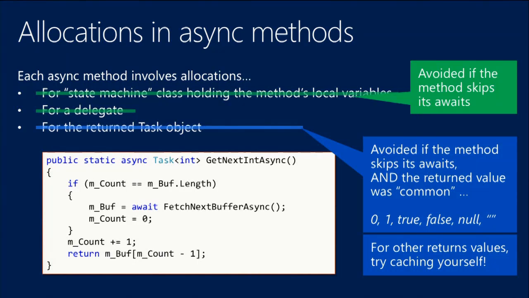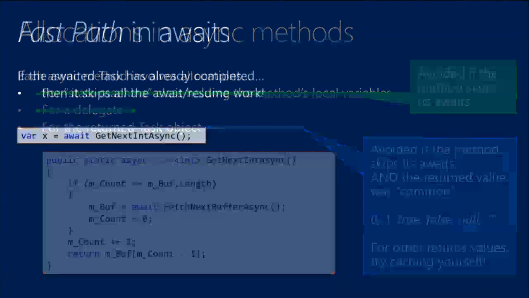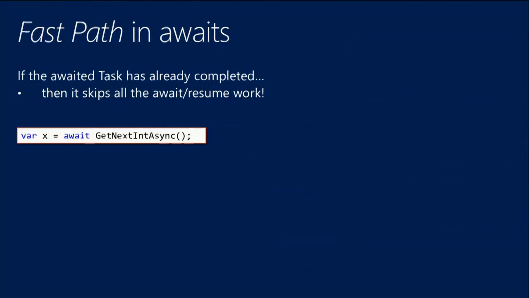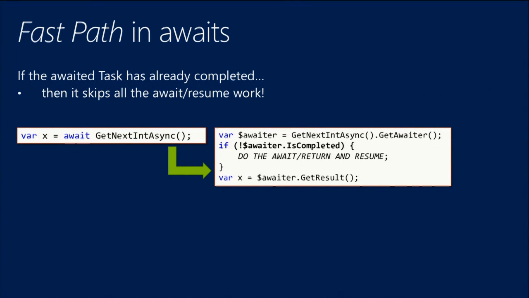It will see that we've still got space left in the current buffer. So we're just going to increment it and return what we've got left. So most of the time, this method is going to return immediately because it hasn't encountered any awaits. Therefore, it's not going to incur the first 2 allocations. But it's still going to incur the 3rd allocation.